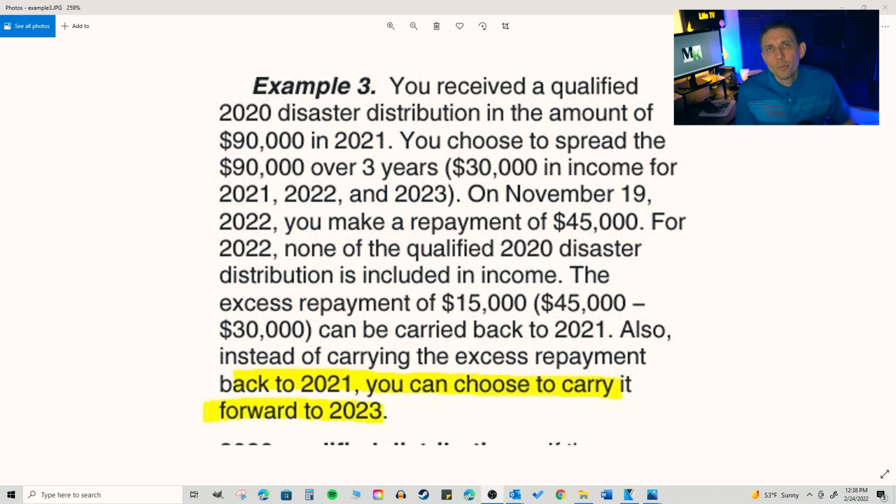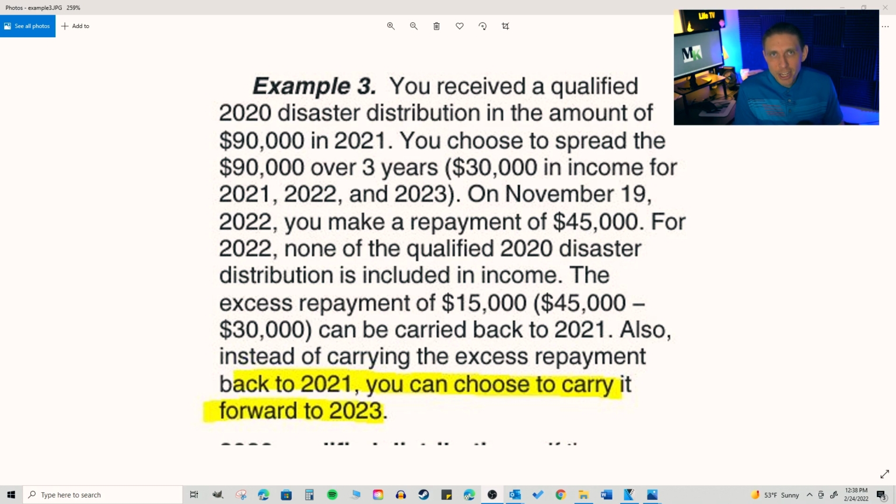Okay, similar scenario, but in this example, instead of just paying $10,000 back, let's say you pay $40,000 back, and your total distribution that you were supposed to report for this year was only $30,000. What that means is you would have paid more than what you were going to have to report this year. So you have $10,000 in excess. So if you're making a really large repayment, what do you do?